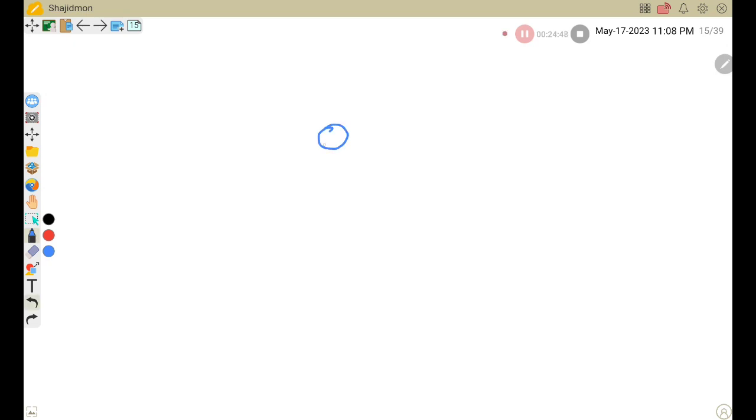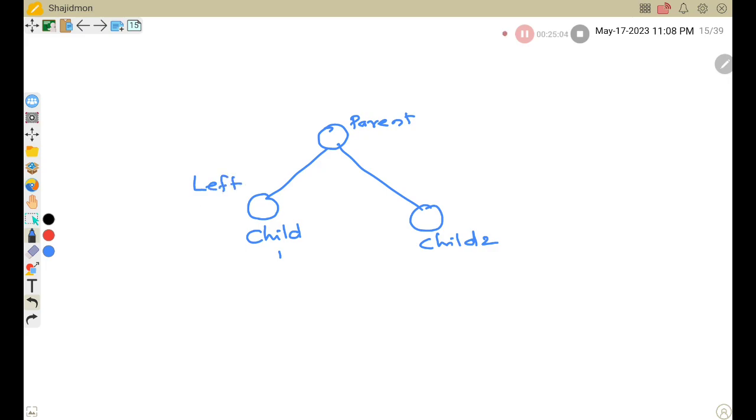So you can assume like this one. This is the parent, and this one is the first child, child 1, and this is the next child, child number 2. So this one we are calling left child, and this one we are calling right child. Two children are there.